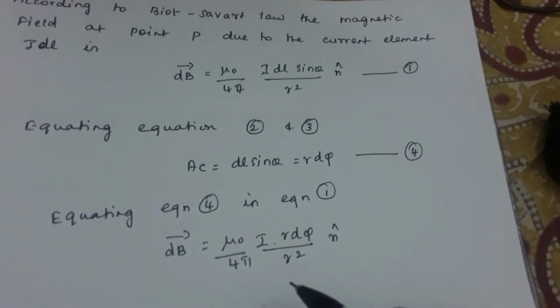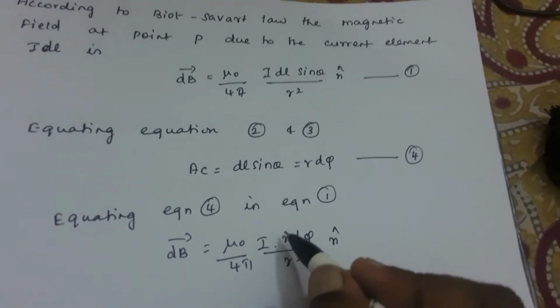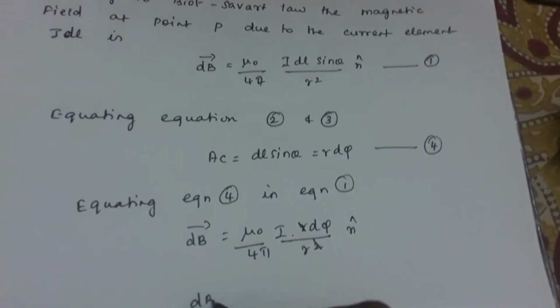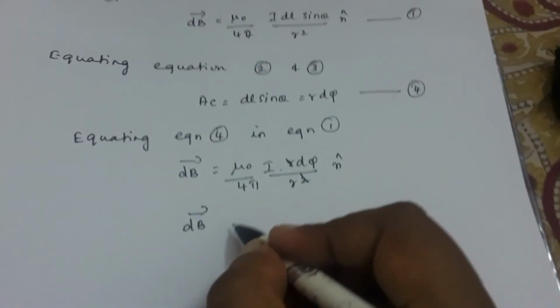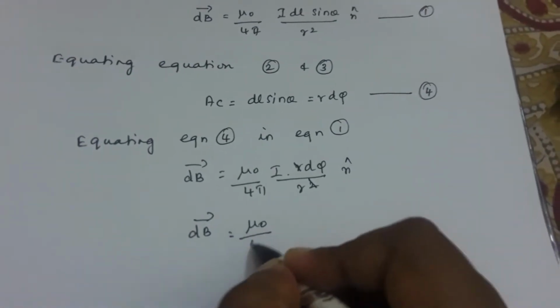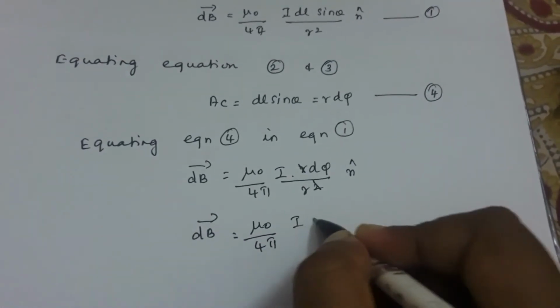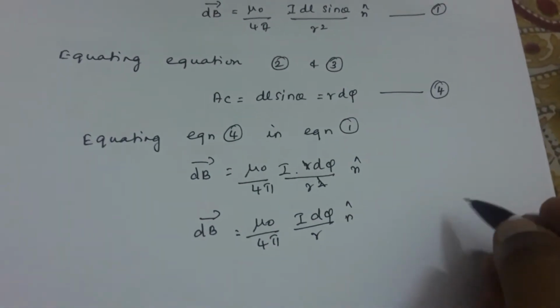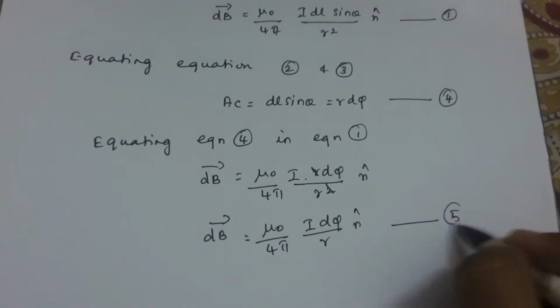Now one r and another r will cancel. So I can rewrite this as dB vector is equal to mu 0 by 4 pi, I d phi by r, into n unit vector. This I am going to take as equation number 5.